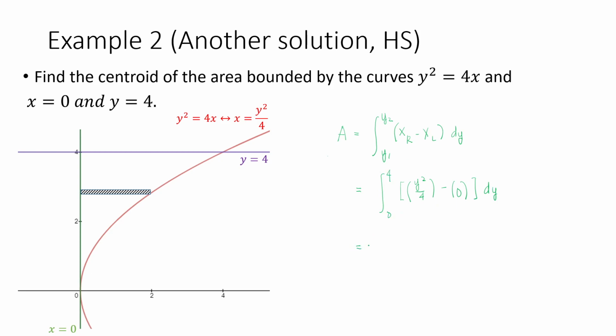So notice that it's a simple equation compared with the vertical strip. It's just the integral of y squared over 4 dy. Right? You will see this later on when you try to solve your problem.